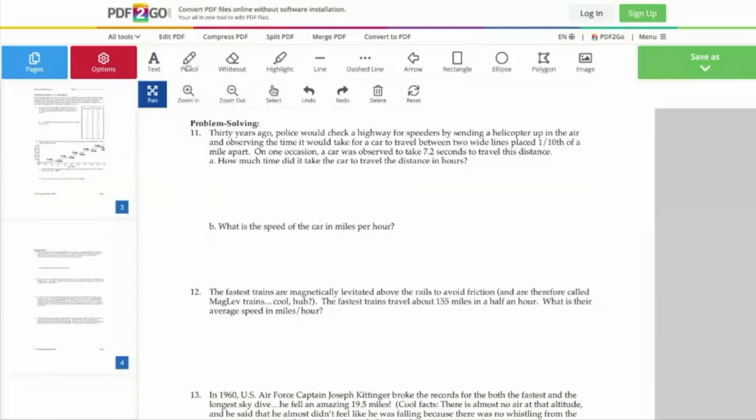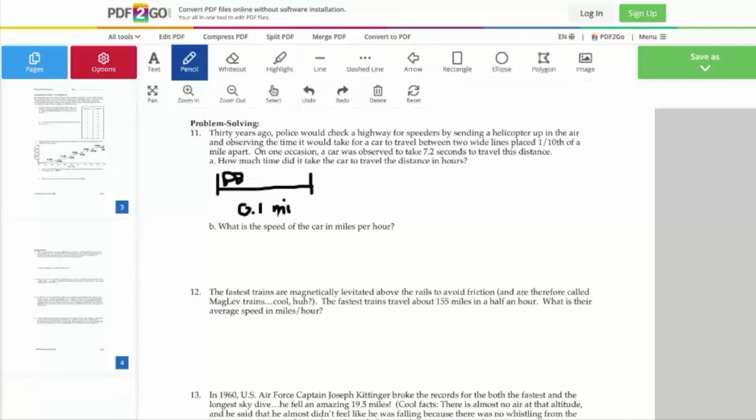Let's draw a picture. I'm going to draw it out here. So 2 white lines. This actually involves some lab techniques of how to measure. So we have a little car. Sorry, really bad drawing. And the police are looking at how long it takes this car to travel 0.1 miles.